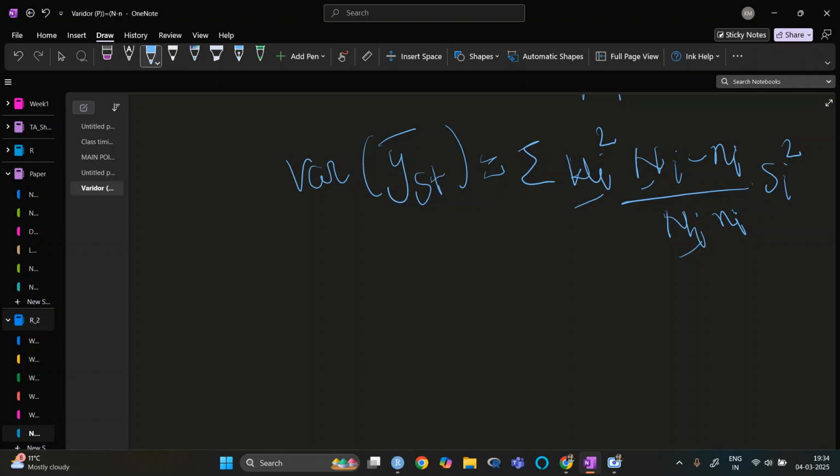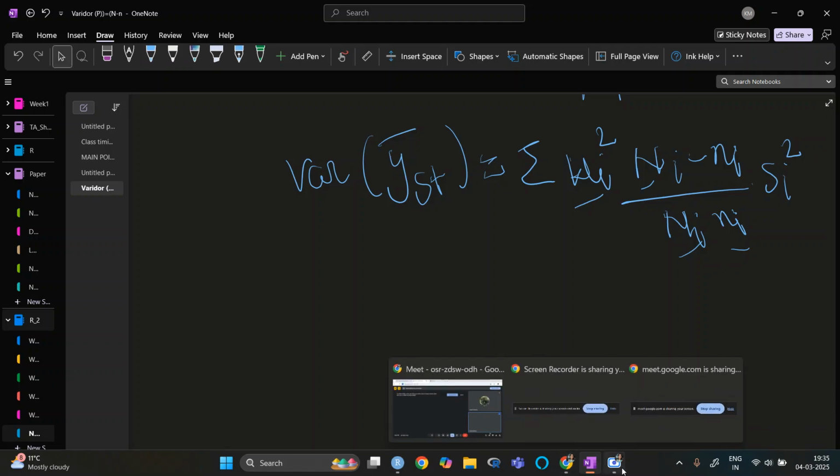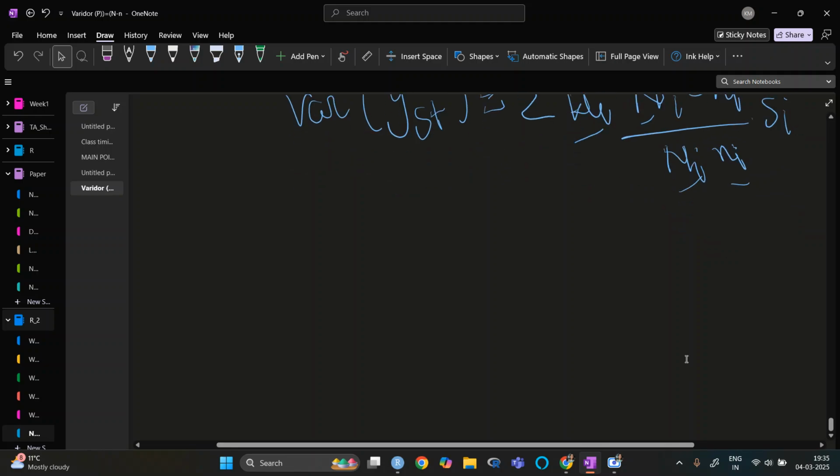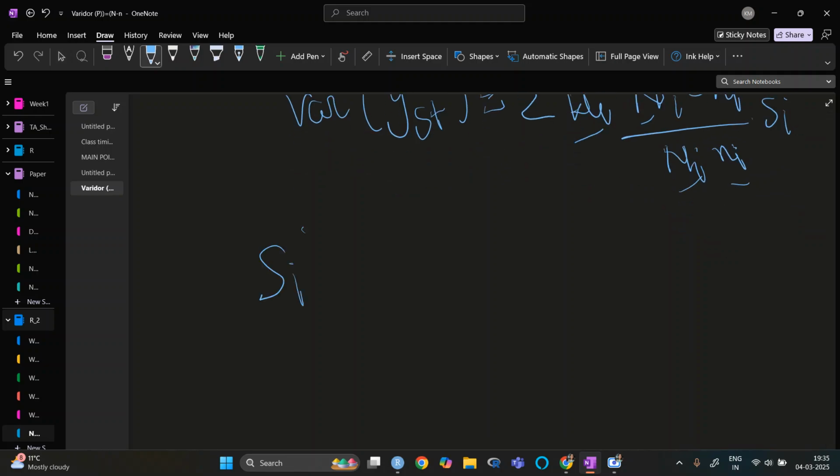We can see what happens when we change the sample size: when we increase the sample size, variability decreases. But right now, with this also constant, it is only dependent on Si square. So we can say that the variance of y bar st is only dependent on Si square.